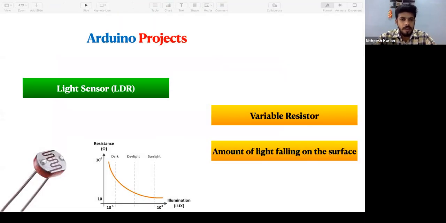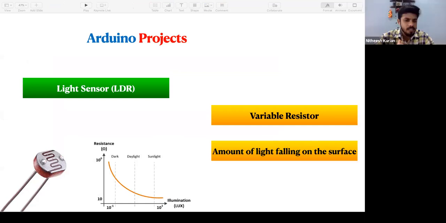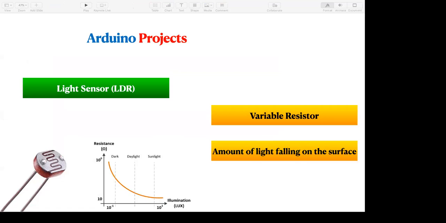I hope you can see the presentation. Light sensor is a variable resistor, and the resistance variation completely depends upon the amount of light falling on the surface. You can see a graph over there. The resistance of the LDR decreases when light intensity increases.